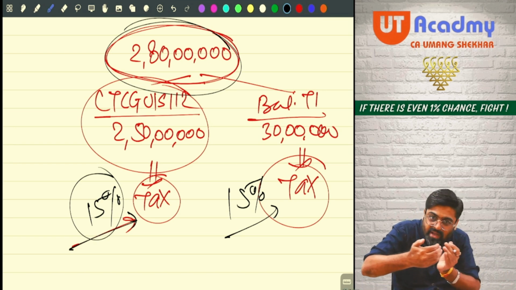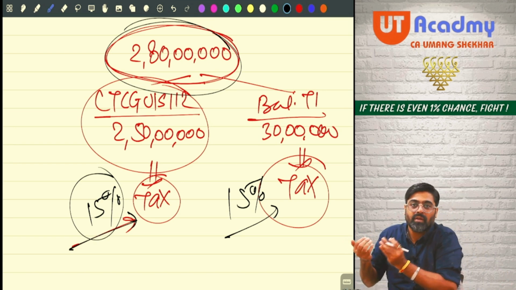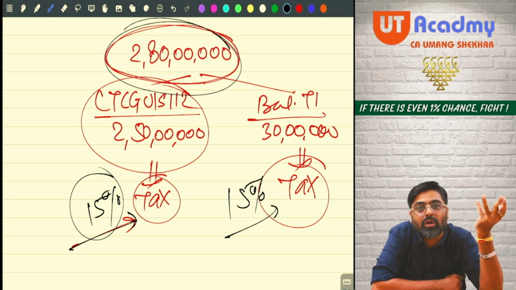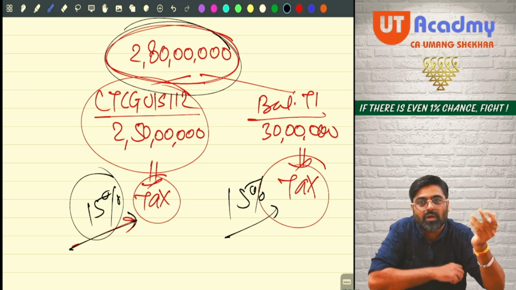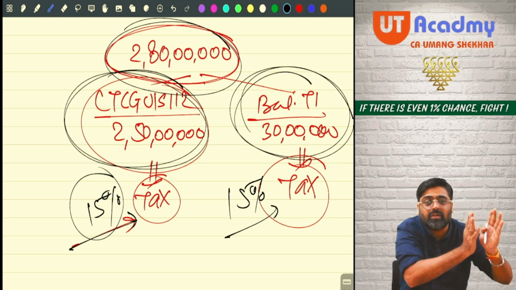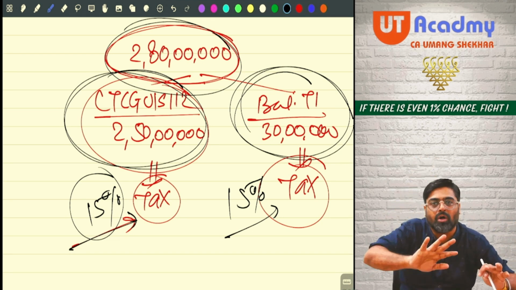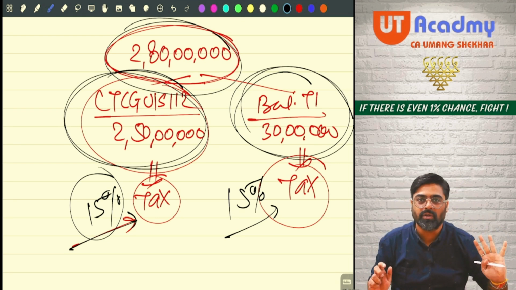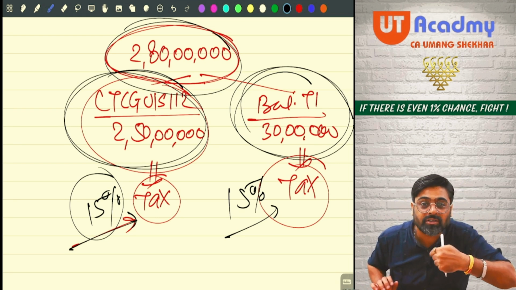Because after eliminating this income, whatever income remains does not cross 2 crores. After eliminating long-term gain, does the remaining income cross 2 crores? No. So 25% cannot be charged here, but at least you will have to give 15% here also. Just thank us that we are not charging 25%.